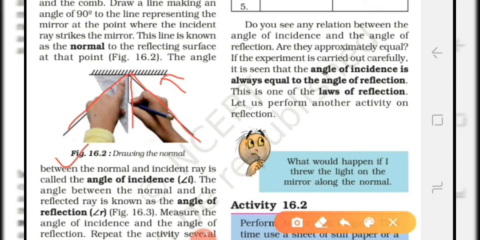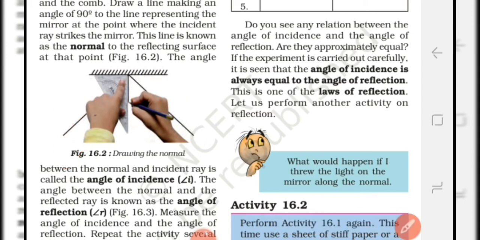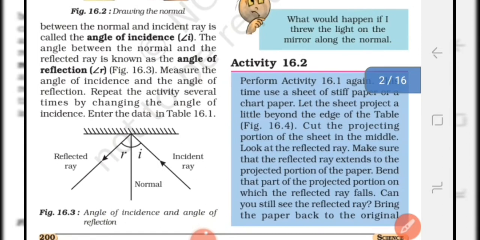What is normal? Normal is a line perpendicular to the surface of the mirror at the point of incidence. Here it is the point of incidence, meaning where the incident ray strikes the surface of the mirror. That point is known as the point of incidence. Okay. Now let us move to the next figure, that is 16.3.